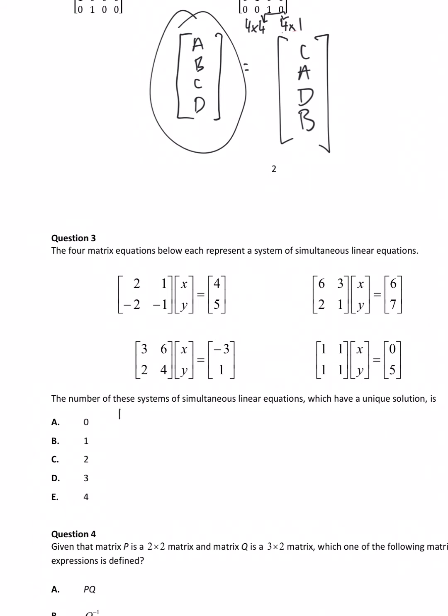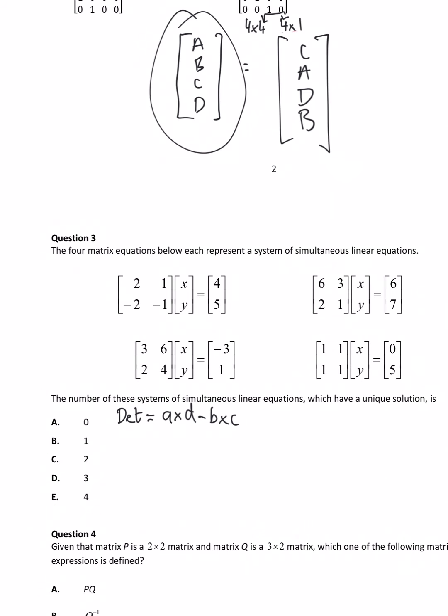If the determinant, which is A times D minus B times C, doesn't equal 0, it's going to have a solution. If it equals 0, then there's no unique solution.